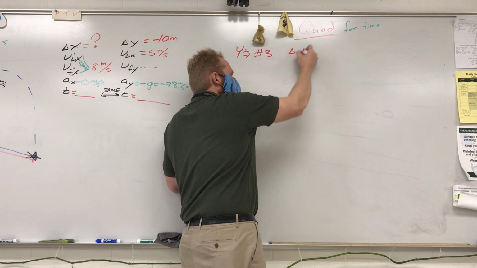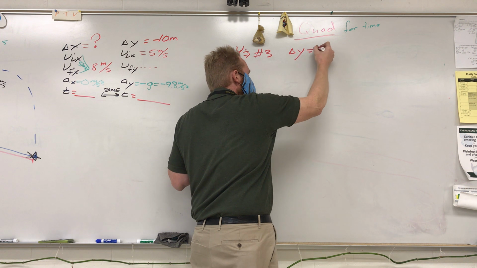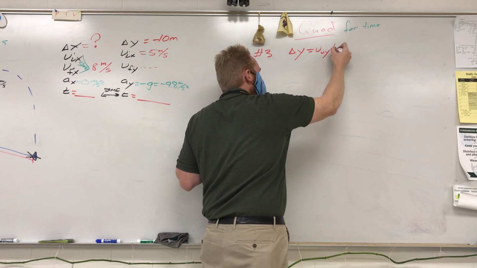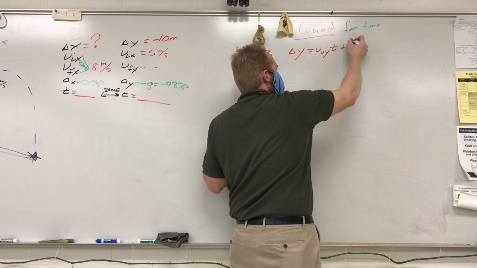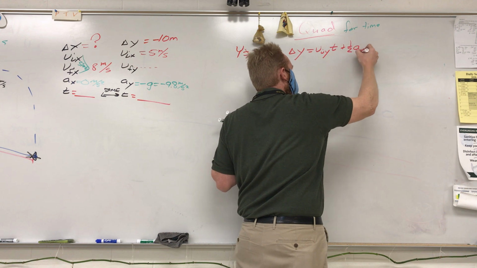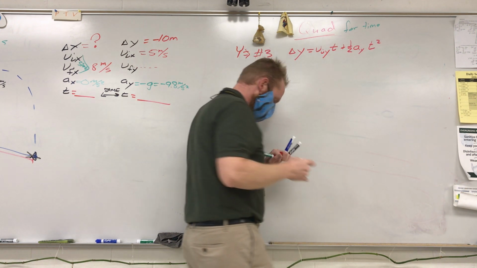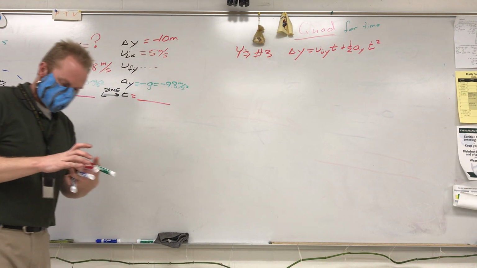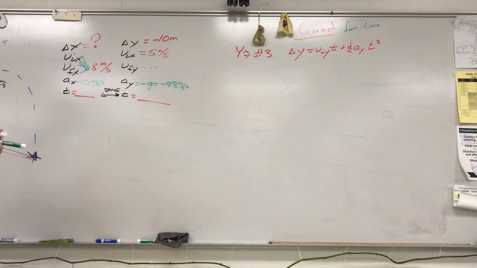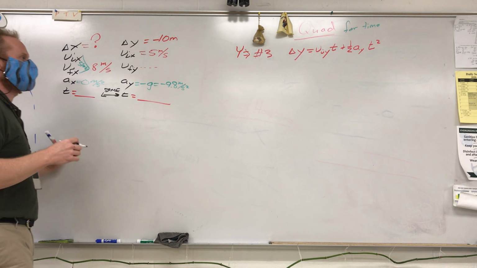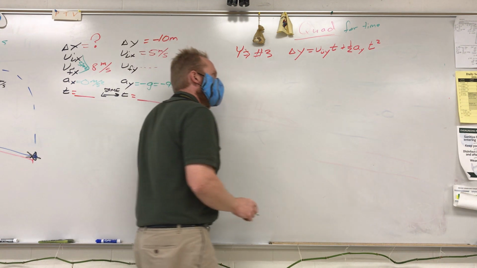And equation number 3 in the y direction says delta y is equal to VIY times t plus 1/2 AY t squared. So far, so good. We're using Mr. Davies' favorite motion equation, number 3. And why is that? Because he uses it all the time.